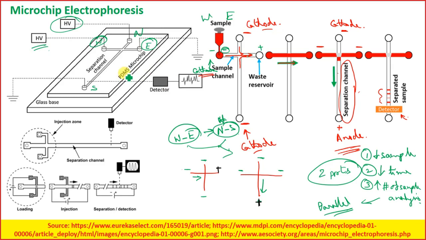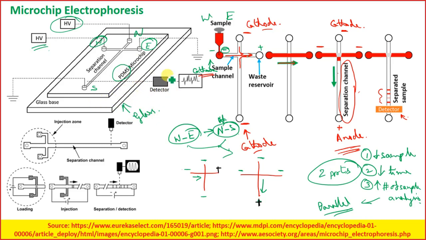So what is the base of the microchip electrophoresis? PDMS. It is a polymer matrix which forms the base, the matrix within which the microchannels are made. So that is the polymer matrix. And then within the base you usually have a glass base.